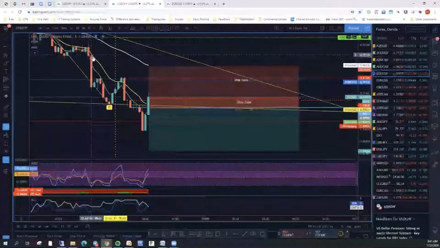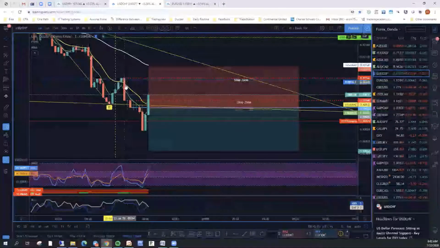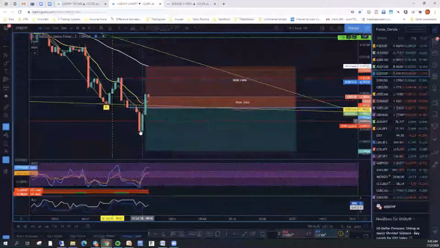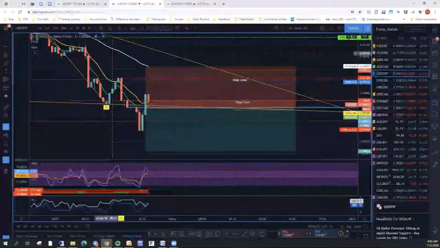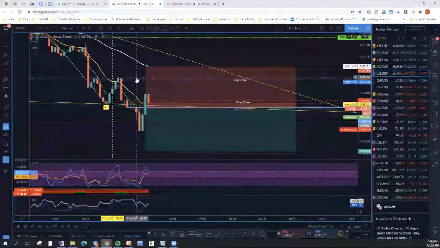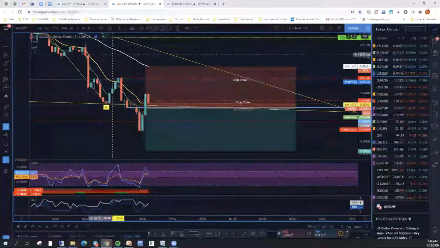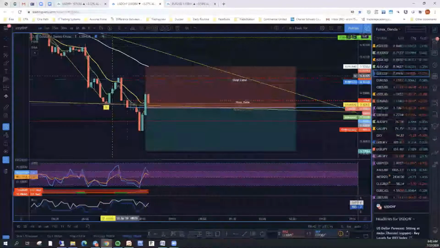And the next top, you had a nice long candle here, you had a nice long candle here, you had a nice long candle here. This is the candle that it would have to break in order to break through the wedge.